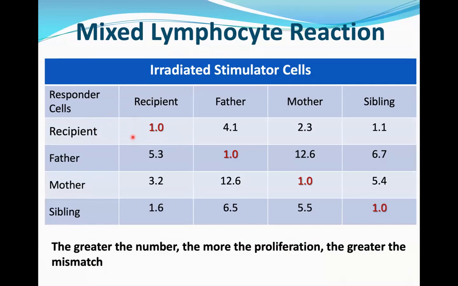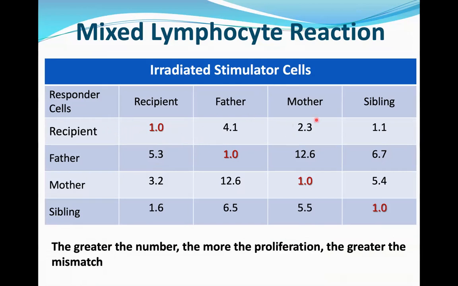So the degree of radiation is baseline at 1. If we mix the recipient cell with the father's cells, we see that this amount of proliferation jumps up to 4. So that shows that the father's cells are being activated and proliferating and being directed against the son's target cells. The same with the mother.